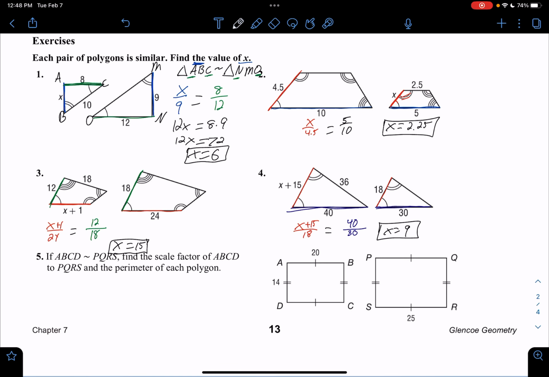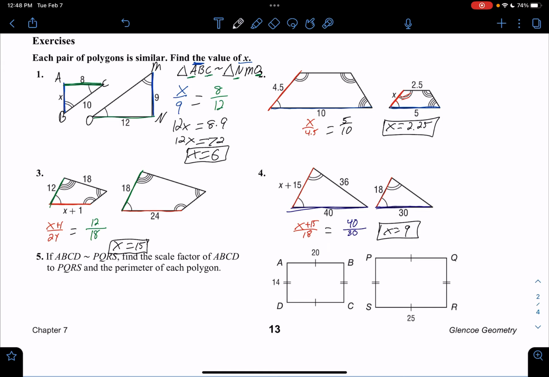So over here, now the question is, what is the scale factor? Well, it says if ABCD is similar to PQRS, find the scale factor of ABCD to PQRS and the perimeter of each polygon. All right, so let's see.